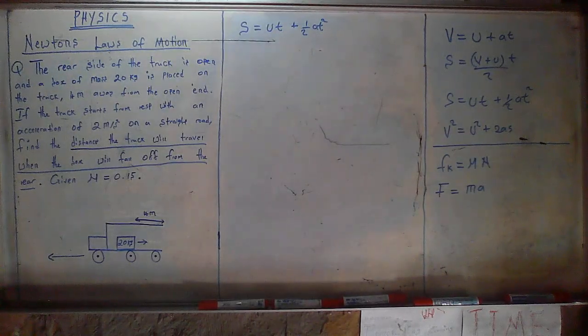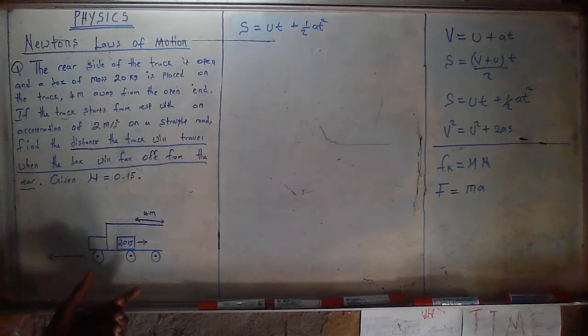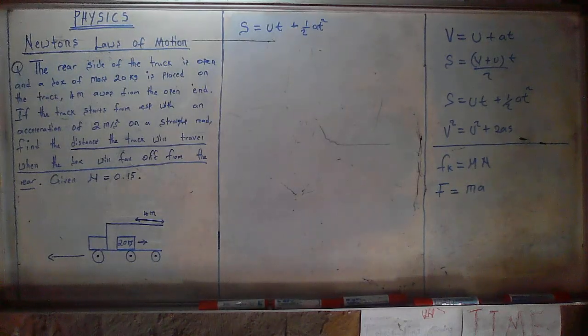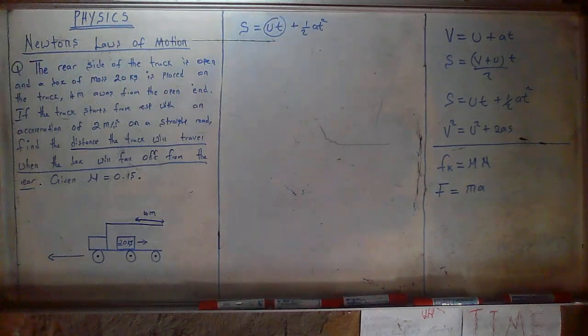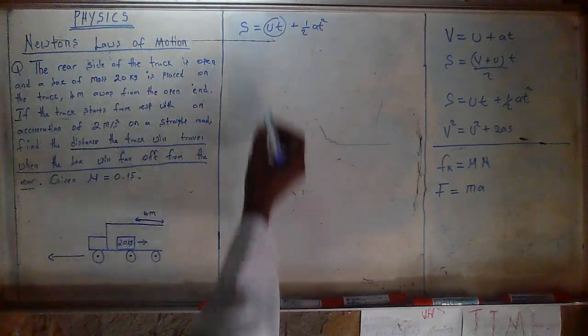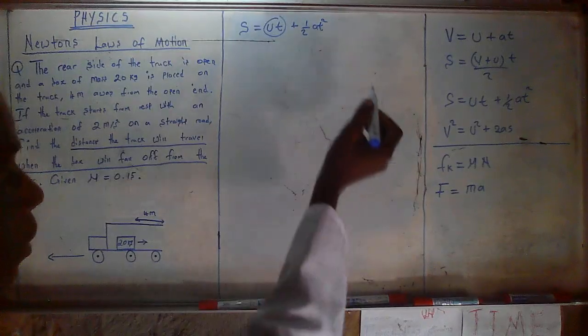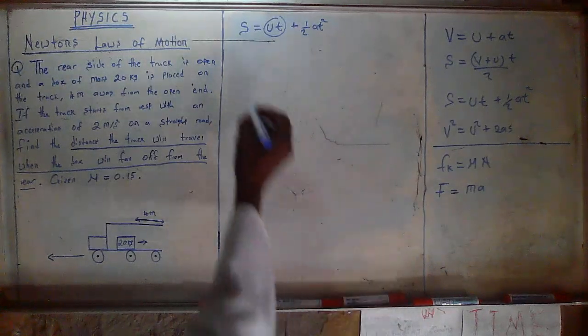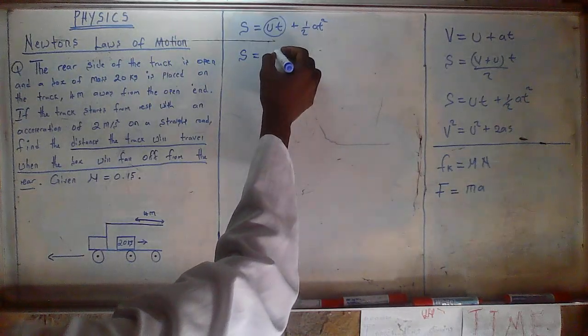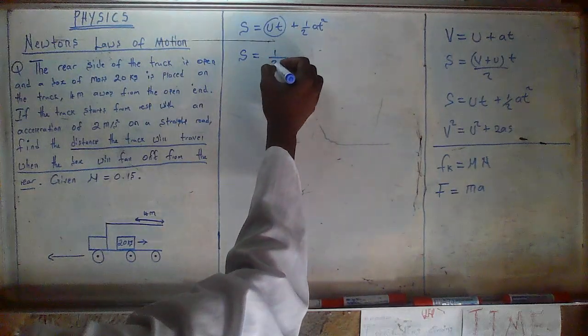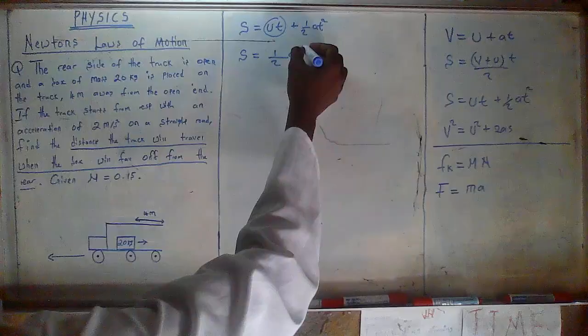How? Remember, this thing started from rest, meaning that the initial velocity is 0. So this part will be equal to 0, because it will be 0 multiplied by time, which will give us 0. So distance is equal to 1 over 2 at squared.